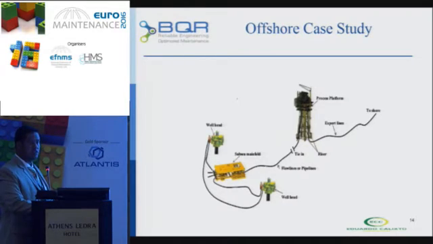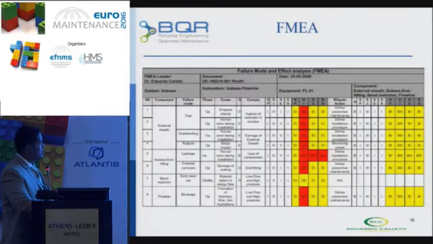What we did was support the supplier of these flow lines and risers, to inform and assure high performance. So we applied different methodologies: FMEA, RCM, RBI, human reliability analysis, lifetime data analysis, and RAM analysis. I will show some of them.